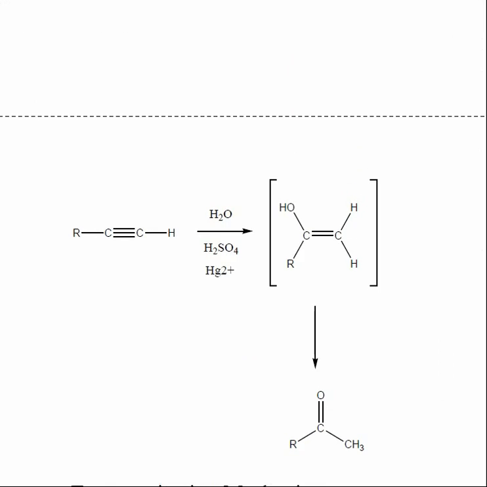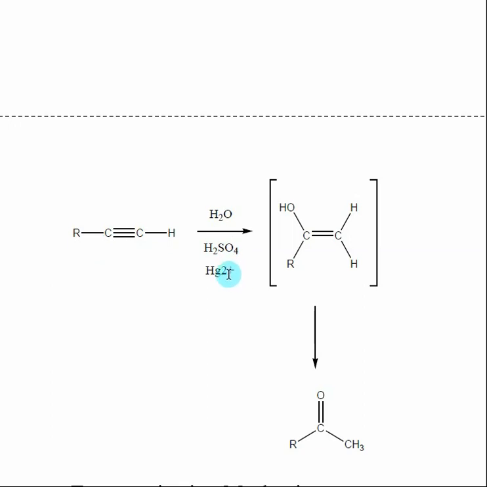So with the first one, if I want to add an OH to my triple bond here, following Markovnikov addition, I still use my water and H2SO4. But remember, with alkynes, it's very similar to alkenes, but it needs a little extra push sometimes.